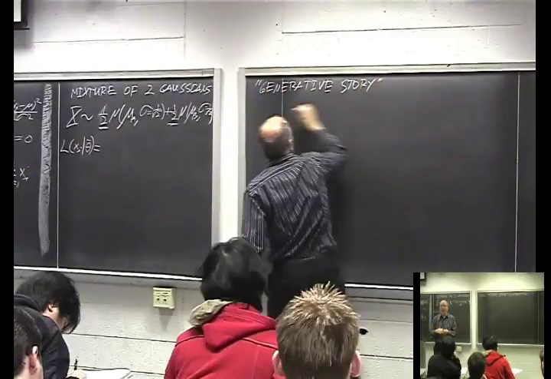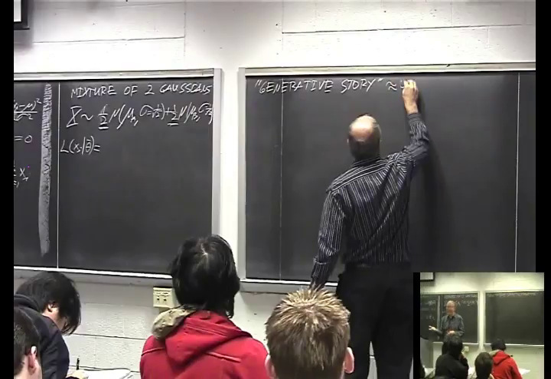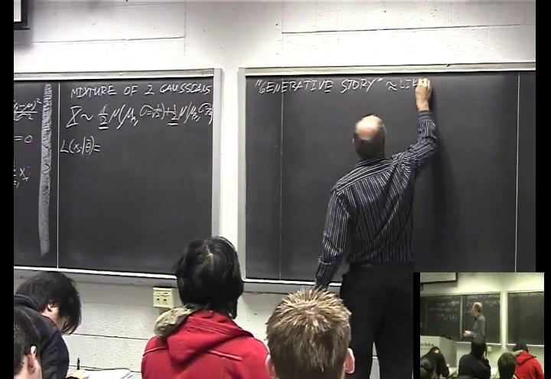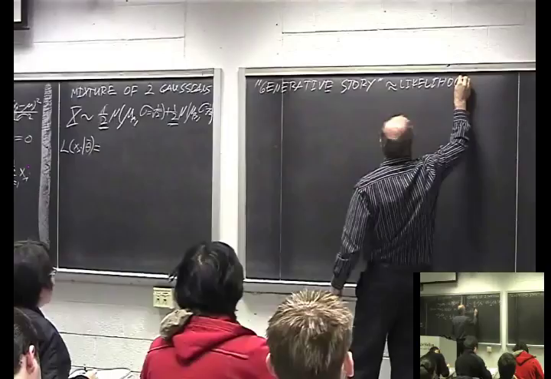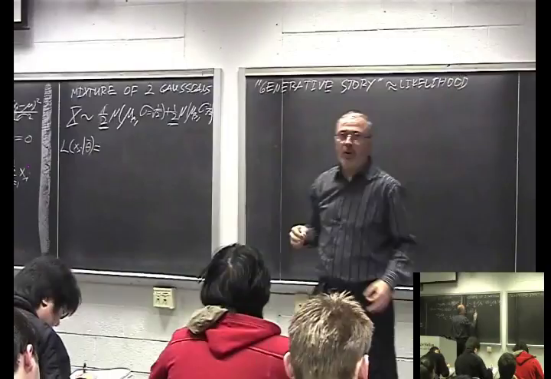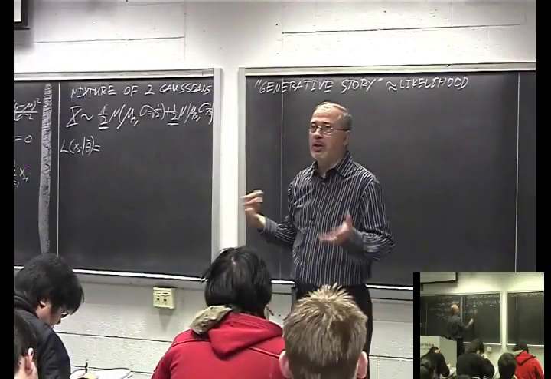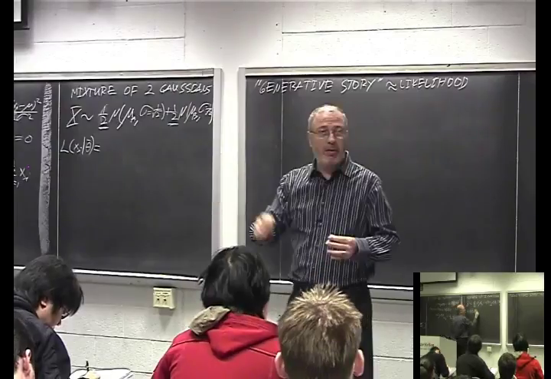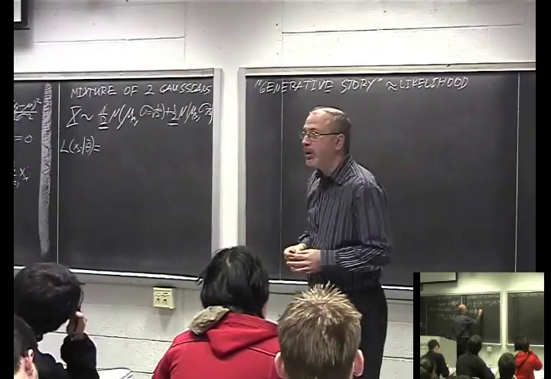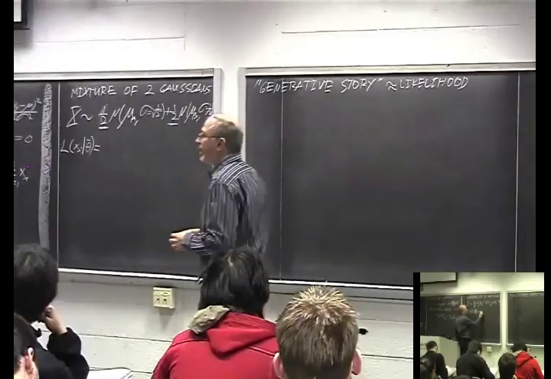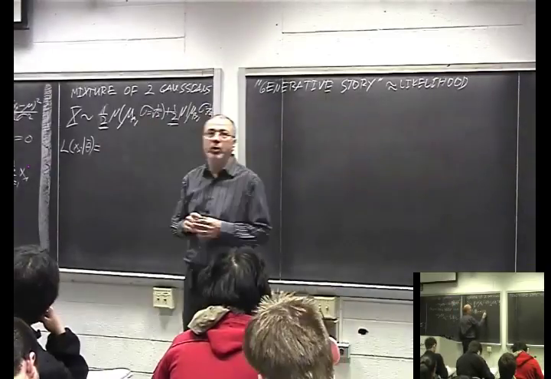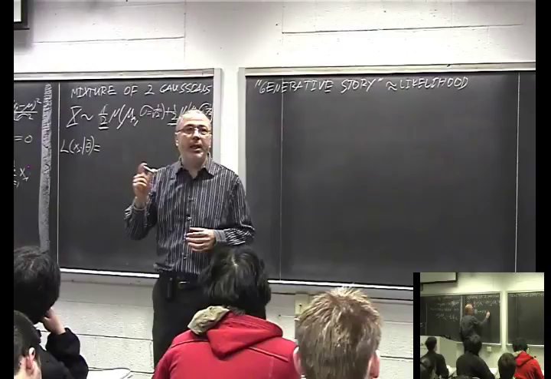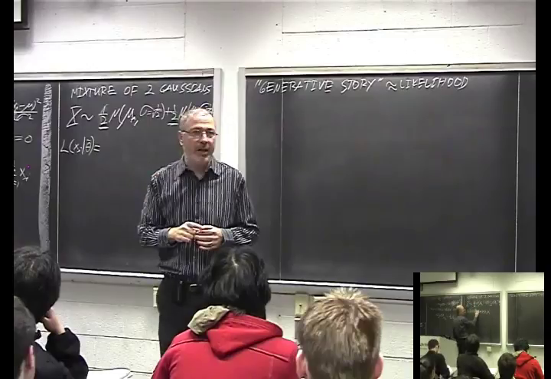Well, first there's a probability of 50% that we would flip on head, so that would be 1/2. Let me write it more explicitly. First is the probability of xi coming from A, multiplied by the probability of xi given that it came from A. So maybe I'll just write it P of A.